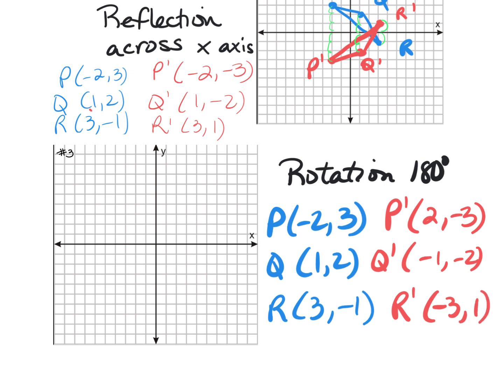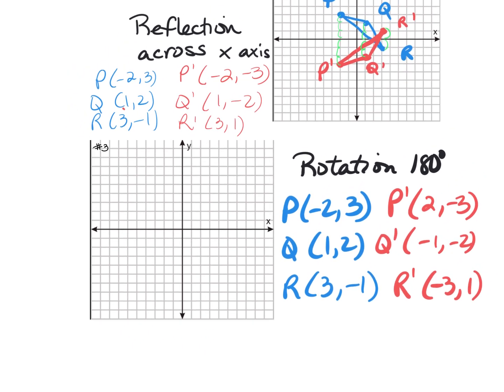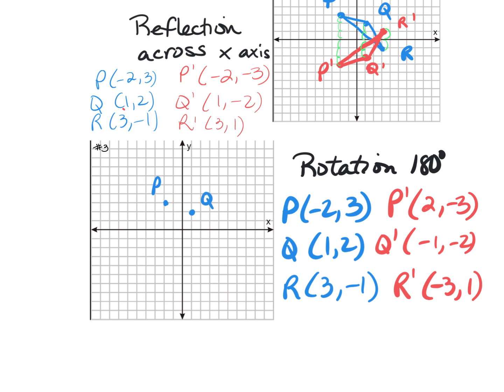And you're going to see that this looks like it was turned 180 degrees. So let me go ahead and graph the originals again. So -2, +3, that's your P, +1, +2, Q, and then 1, 2, 3, -1 is the original R. Connect them.